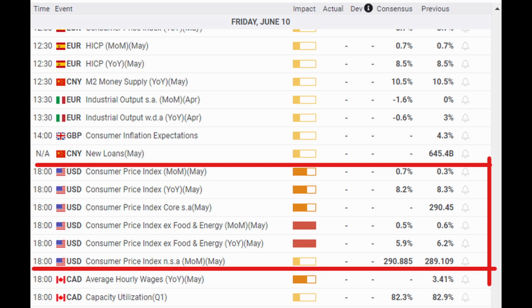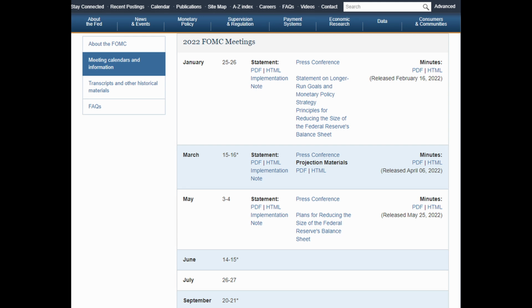Last time CPI came down and everyone believed that inflation was making a top and a reversal had started. And if this happens again and the CPI number keeps coming down till the September FOMC meeting, then market speculation right now depends on these CPI numbers.